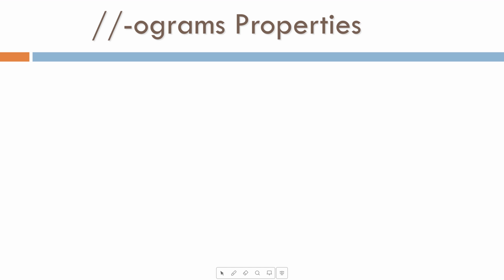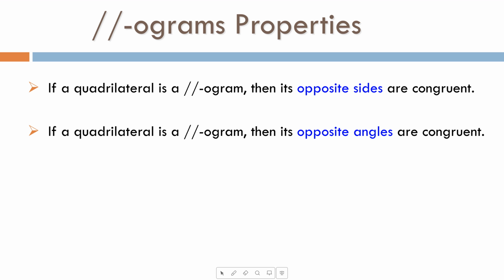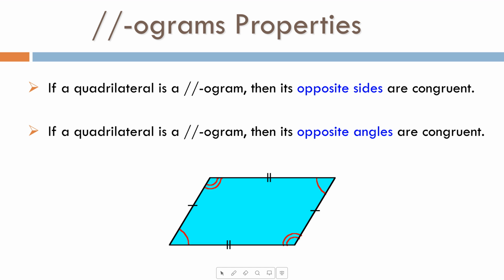Then we got a whole bunch of other things that are true about it. The opposite sides are congruent. The opposite angles are congruent. I'm going to go quickly through this because I hope you found the slideshow on this, so you don't have to write all this down. So there's a picture illustrating that.